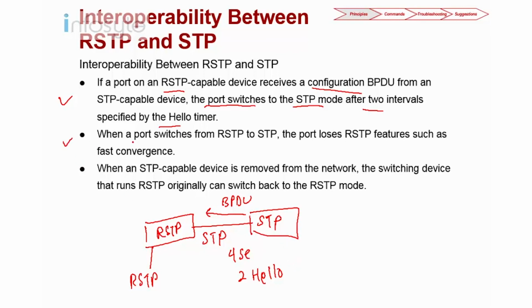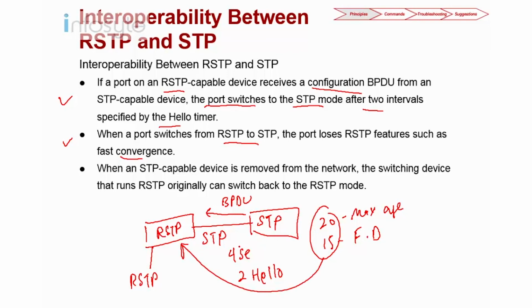Now the second point here is when the port switches from RSTP to STP, definitely features such as fast convergence are lost. So we will go back to the forward delay of 15 seconds and the max age time of 20 seconds. Alright, so we still have this in the RSTP configuration.